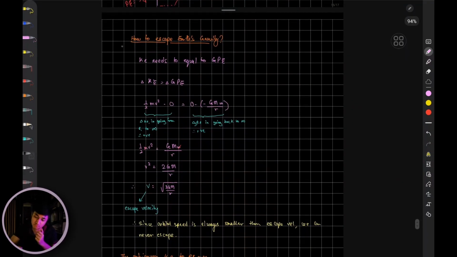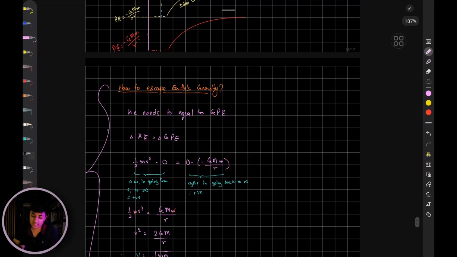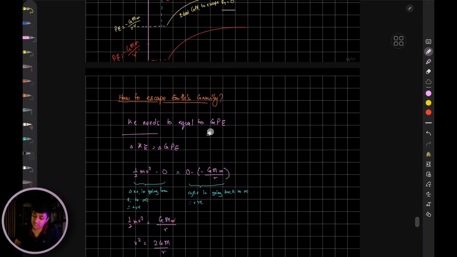Now, how do we make the satellite escape Earth's gravity? As mentioned, the KE needs to be equal to the gravitational potential energy. If this is the object, this is Earth, this is the satellite, and this is infinity, then for the object to go from this position to infinity, its change in gravitational potential energy needs to be equal to its change in kinetic energy.